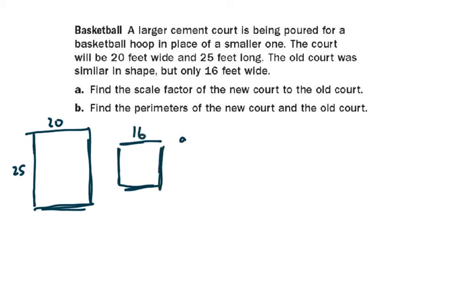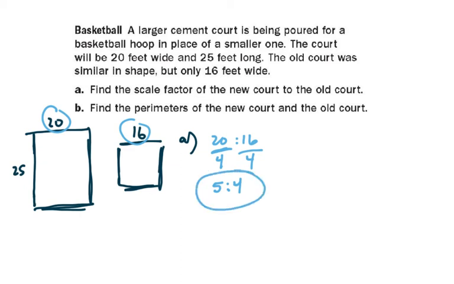So first we're going to find the scale factor, and the only things that we have that match up are the 20 and the 16. So we've got 20 to 16, and we have to reduce. The only number that they reduce by is 4. So it will be a 5 to 4, because 20 divided by 4 is 5, 16 divided by 4 is 4, so a 5 to 4 ratio.